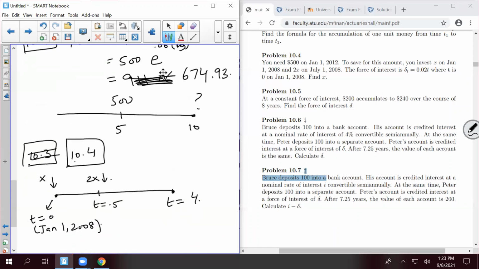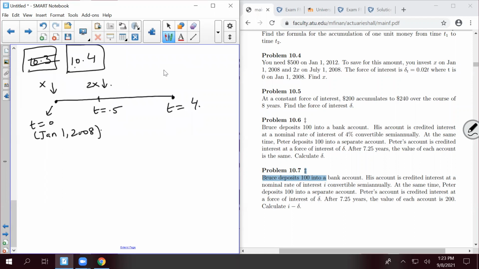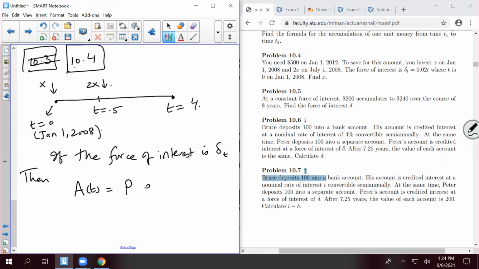Now, if the force of interest is not constant, if the force of interest is delta subscript t, meaning it now depends on time, then the amount at time t is equal to P e to the power of the integral from 0 to t of delta t dt.